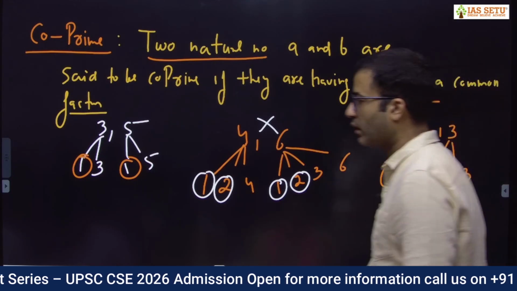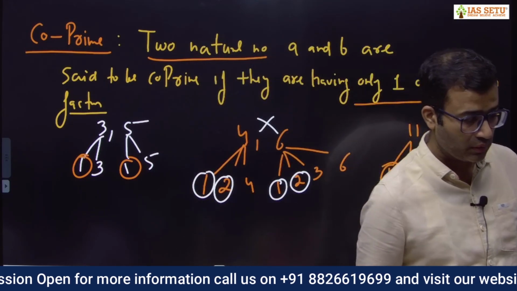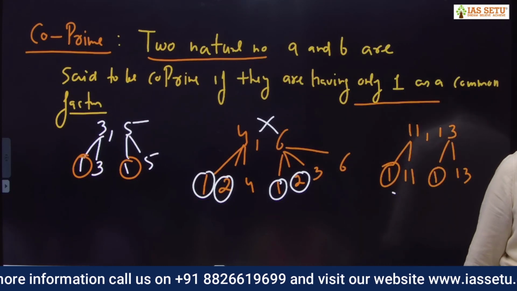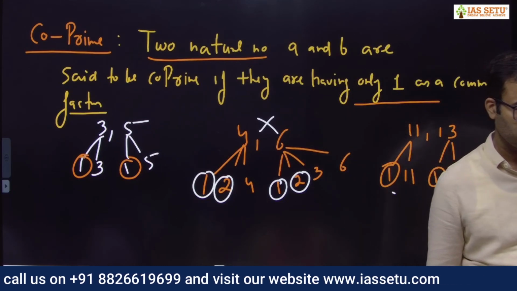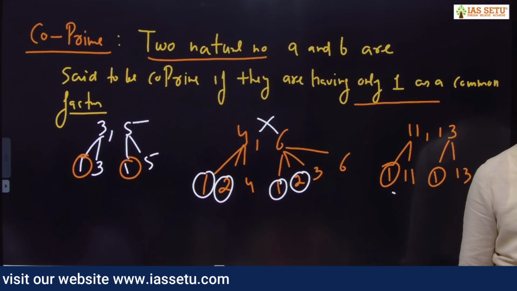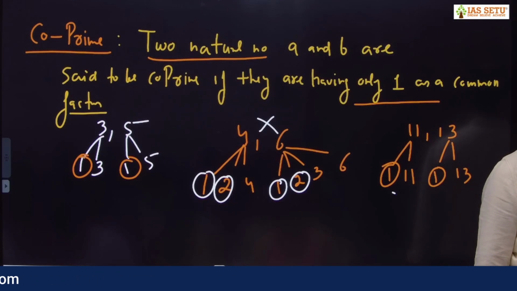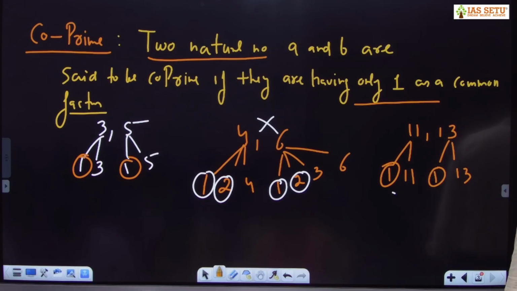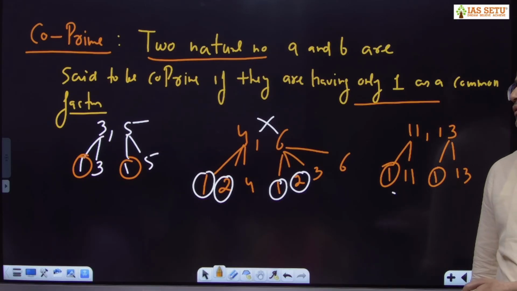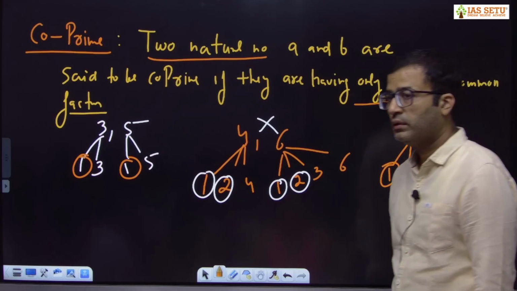But composite numbers can also be co-prime.